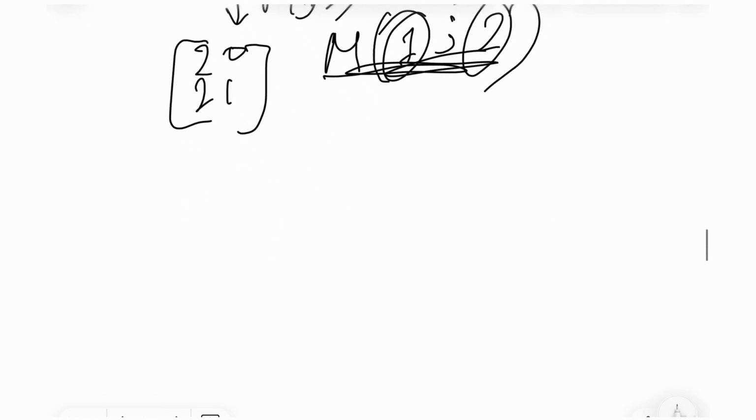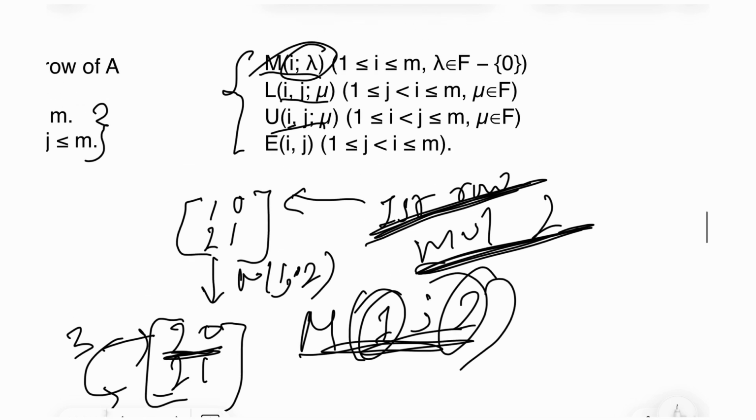Again, let's take L. Let's say I want to take the first row, multiply it by 3, subtract it from the second. Notice how I'm taking the top row and then going down. That's what L means: lower.